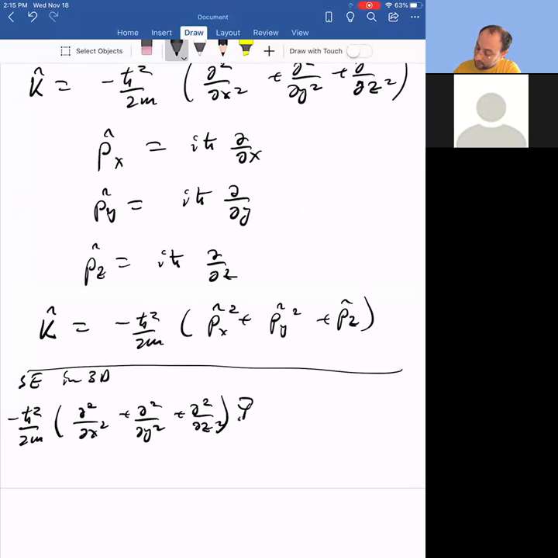Think of this as just an equation, and ψ will be a function of x, y, and z. Okay? So that's the Schrödinger's equation in 3D.